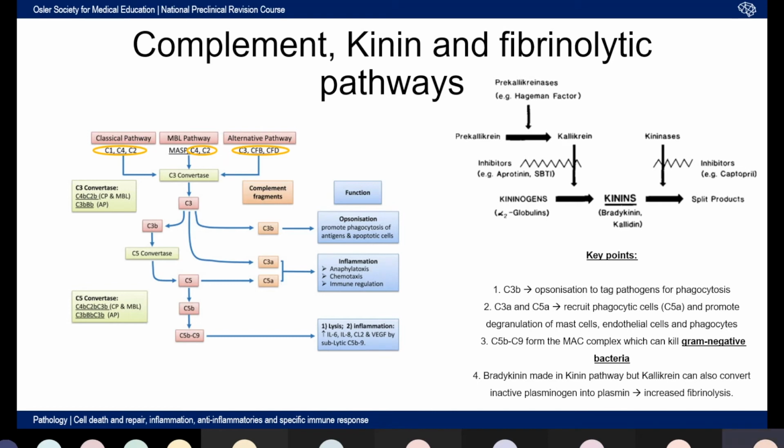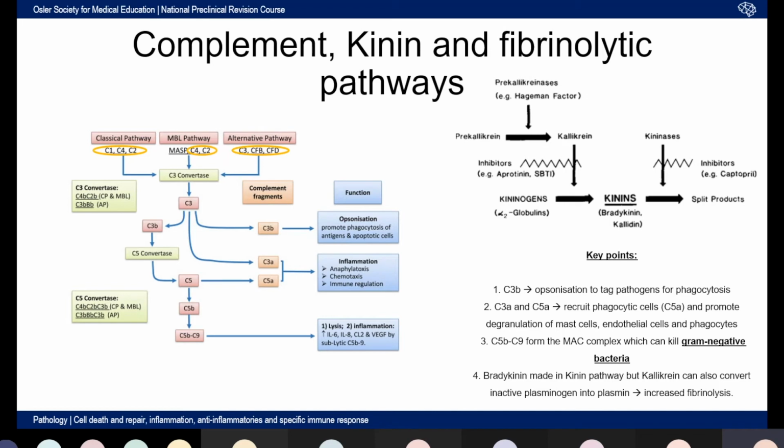Now, then the C5b to C9. So essentially what happens is that C5b will then bind to C6, C7, C8, C9 to form this thing called a membrane attack complex, or a MAC complex. And that basically is a massive pore in the cell. So it can drill a hole within certain bacteria to cause osmolysis.